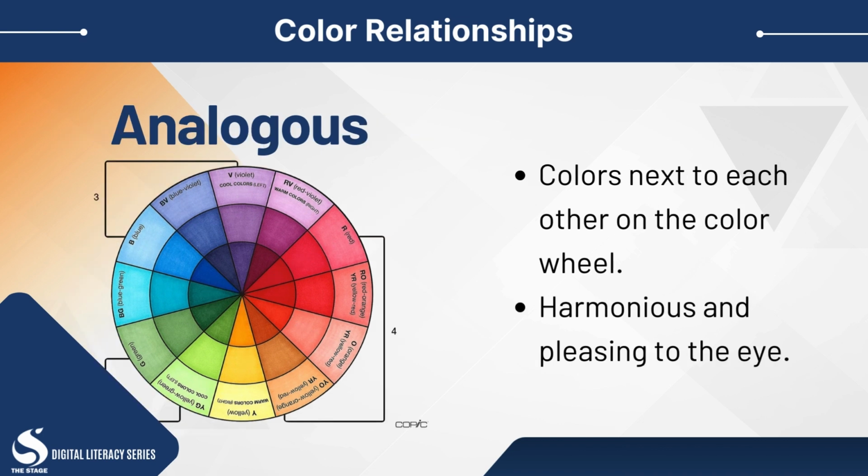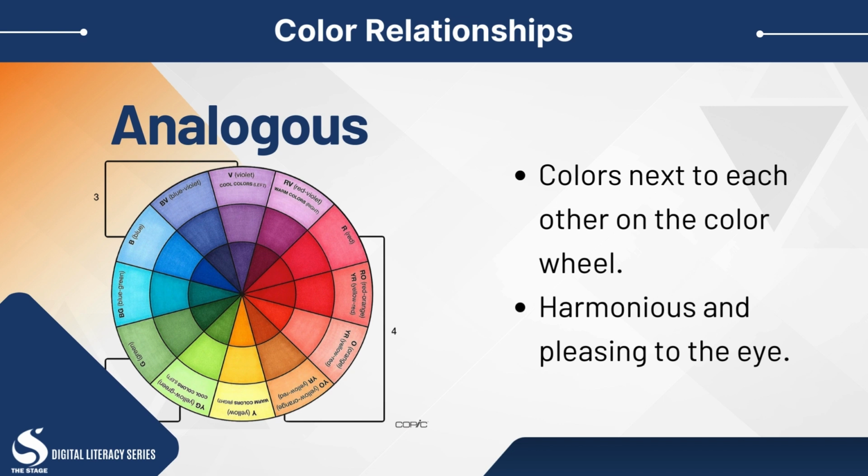All right. Another color relationship is analogous colors, those that are next to each other. So we're looking at something like blue, blue green, and green. They provide a harmonious look, and more often than not, they're very pleasing to the eye.